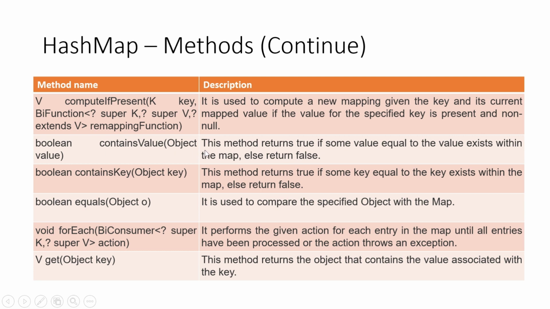containsValue returns true if some value equal to the given value exists within the map, not the key. containsKey will check whether the key exists in the map or not. containsValue will check, corresponding to all the keys, whether the value present is the same as the value given or not. equals will check the equality of the map. forEach: for each item we can iterate the map and then do some operation using a function or a lambda function.